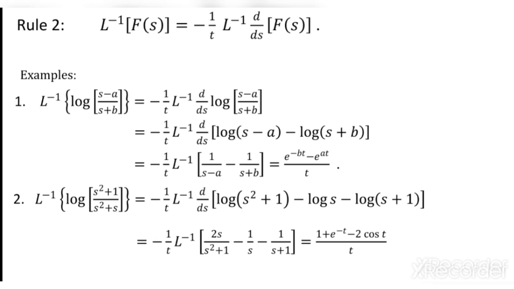So the first term is cos. So I have 2 cos t minus 1 minus e power minus t, because a is minus 1 there, 1 over s minus of minus 1, so e power minus t. But outside I had minus sign, so I multiply it inside. 1 plus e power minus t minus 2 cos t divided by t. Correct. Okay, so we have taken two problems.